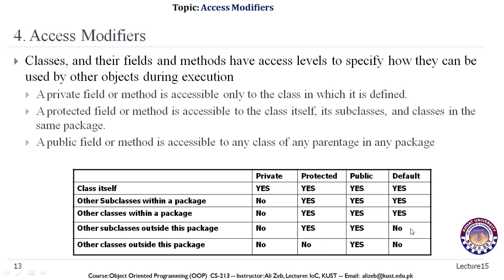So we can see that the default declaration and the protected declaration disagree on this one point only. Some people would say that a field or a method is protected by default, but that is not the case.